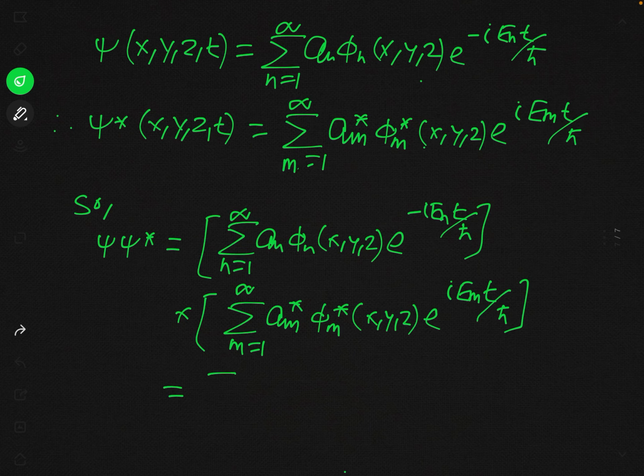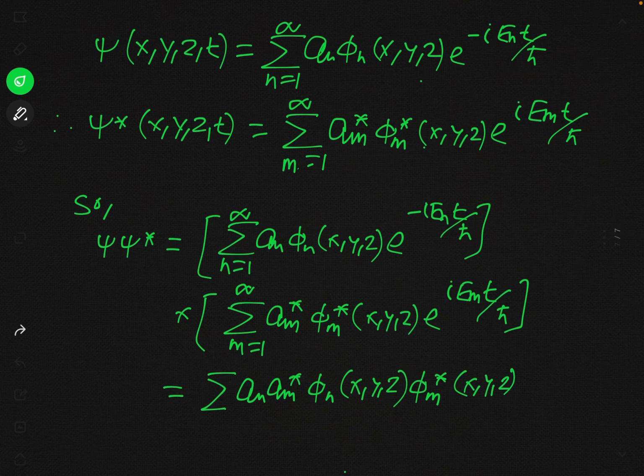And you can see what this result will be. This may be written as summation a_n a_n star phi_n of x, y, z times phi_n star of x, y, z, plus a double summation over m and n, and let us write this as summation prime, and I will explain why I am writing this prime.